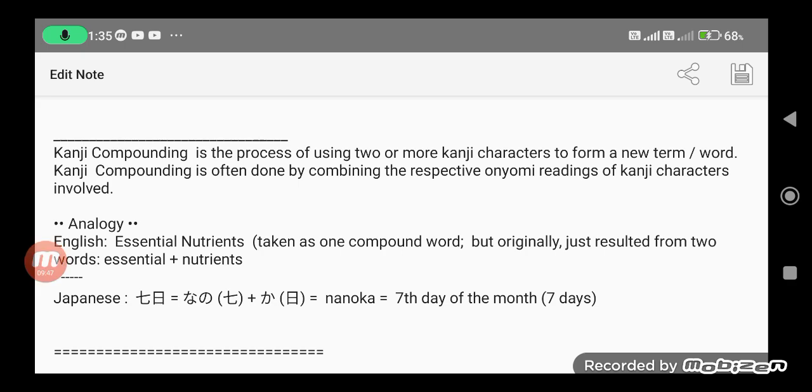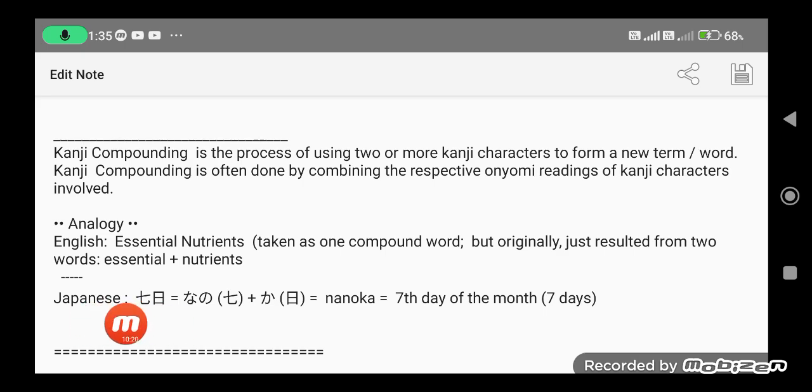Let's say in English, the compound word essential nutrients is taken. This is actually a compound word, but originally it just resulted from two words, essential plus nutrients. Similarly, using that concept in Japanese, let's say nanoka. This one is nanoka, meaning 7th day.